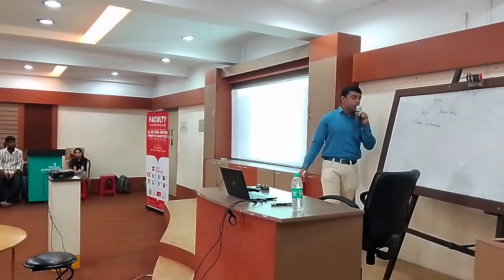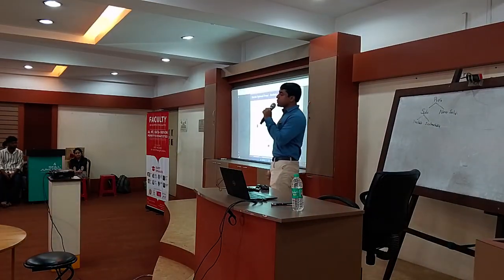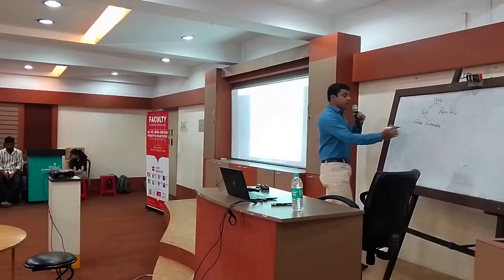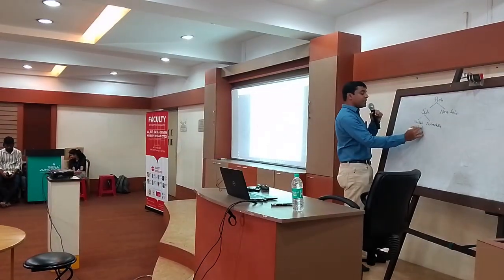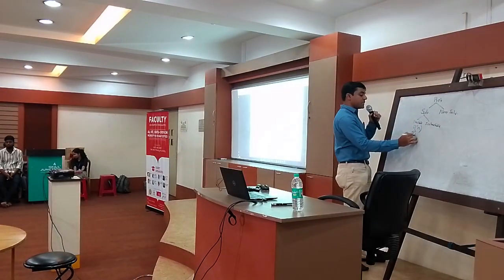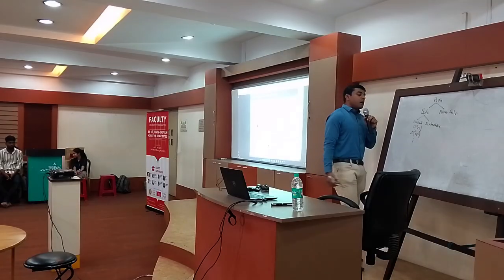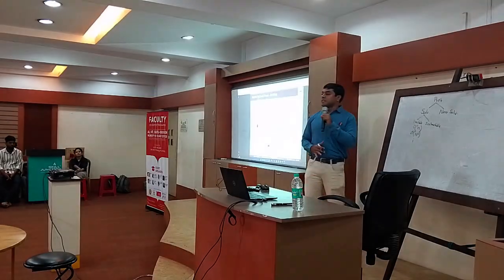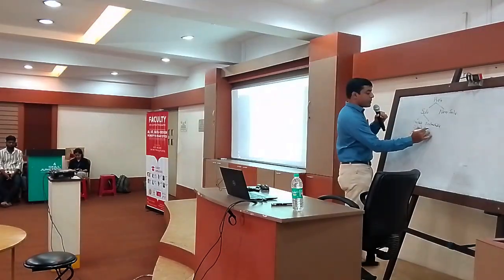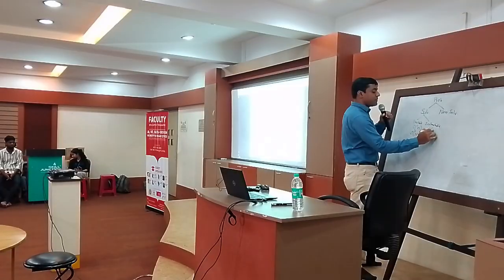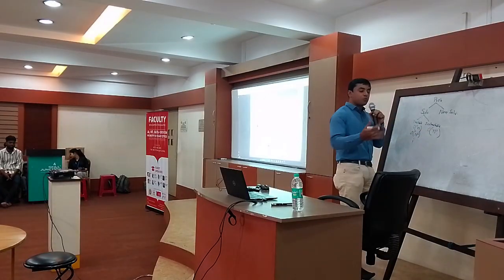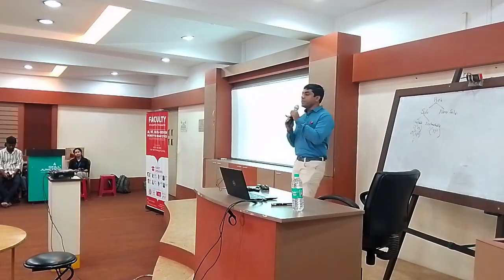Right? So, tractable problems are those having polynomial complexity: order of n, order of n square and so on, order of log n, etc. And intractable problems are maybe order of n factorial, e to the power n, 2 to the power n and so on. Okay.